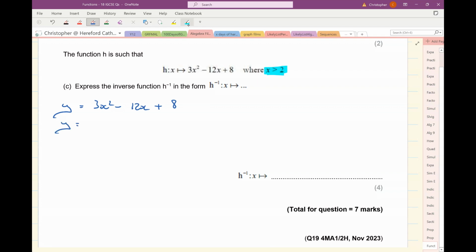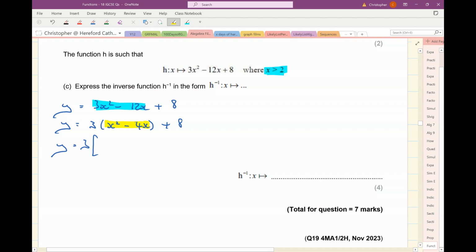Now, I'm completing the square here. First thing I'm going to do is to pull out a 3 so that I have a unitary x squared, because I know that's going to make life easier. And now I'm going to write 3, open a square bracket, and complete the square on x squared minus 4x.